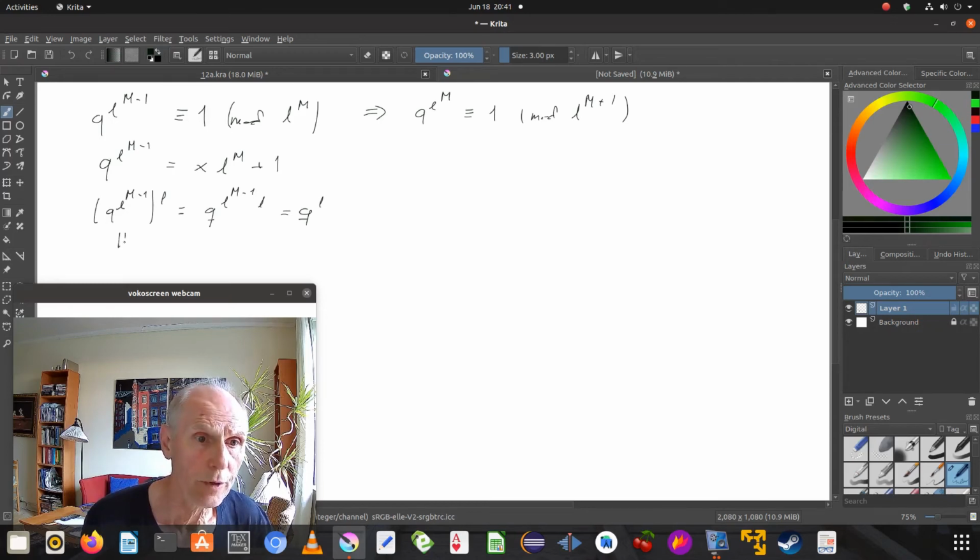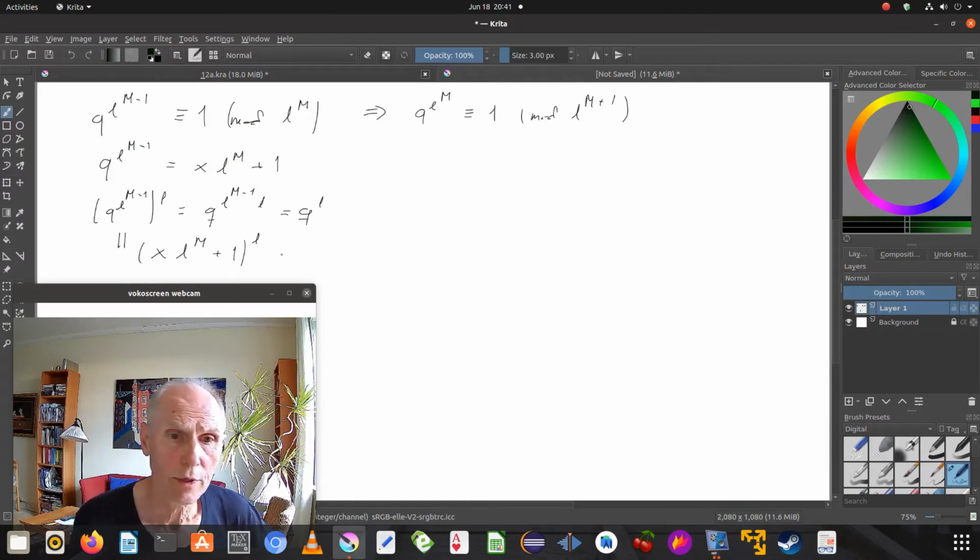And it's also equal to x times L and m plus unity to the Lth. And we use the binomial theorem.